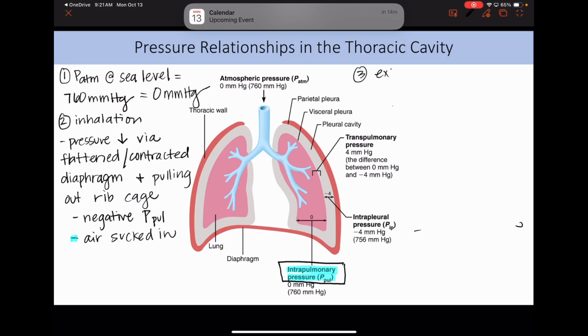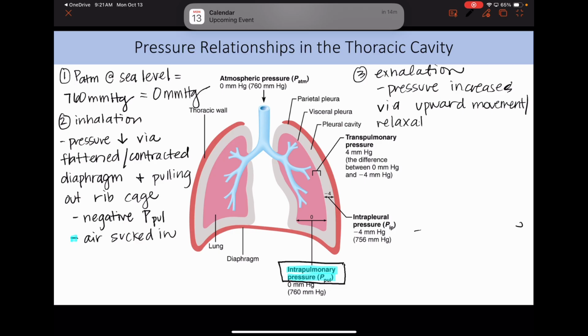So for exhalation, pressure increases via upward movement, or you can say relaxation of the diaphragm, and pushing inward of the rib cage.